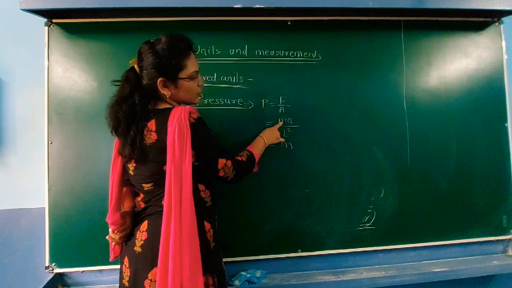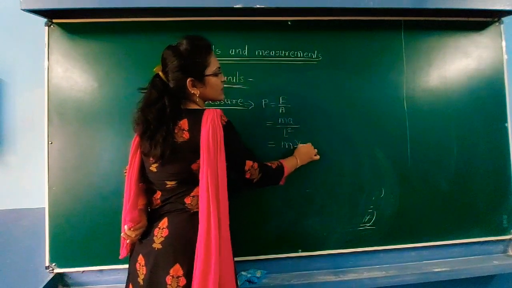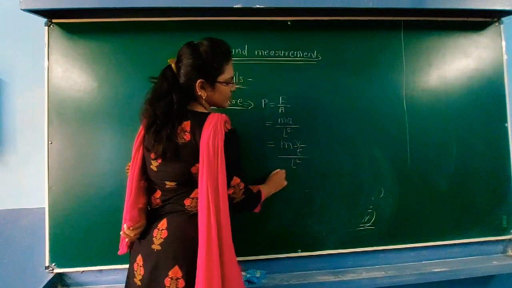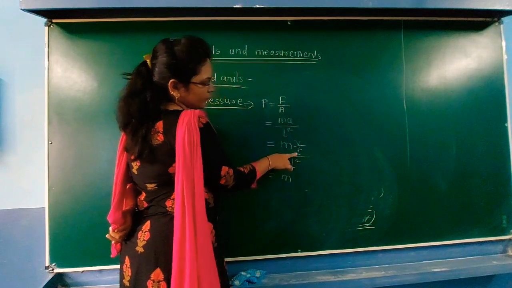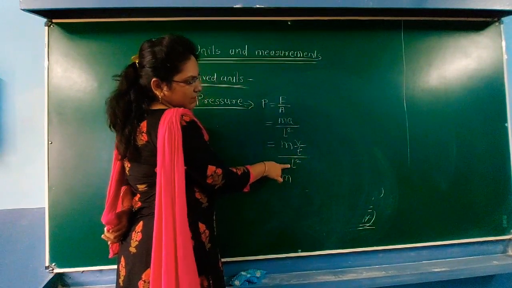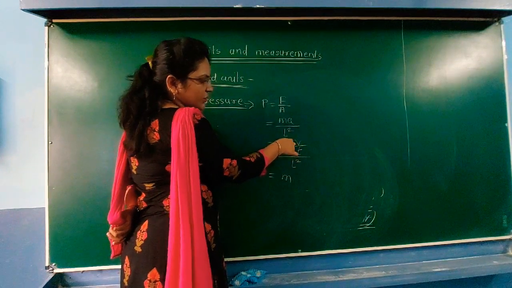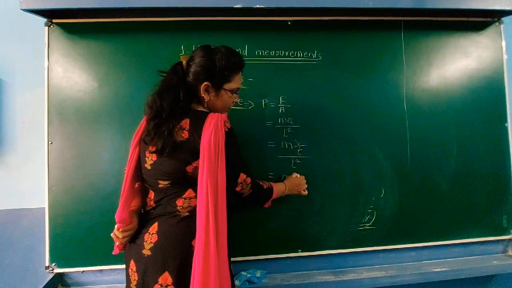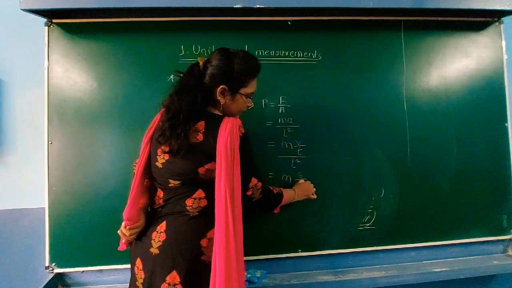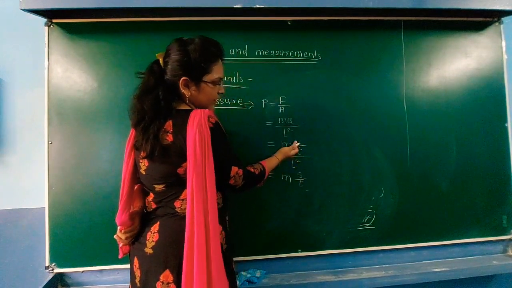Then mass into acceleration, which is velocity upon time, divided by L square. Here M, T and L are fundamental, but V is not fundamental. So split V. What will V be? S by T.